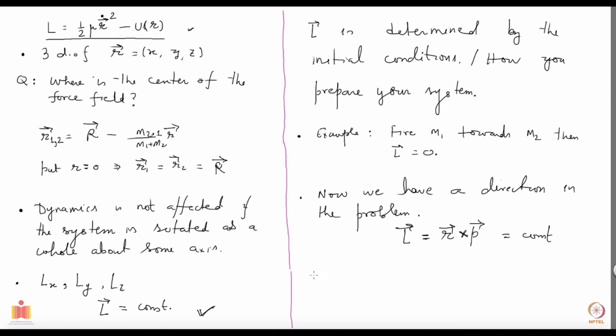First of all, you observe that because L is not going to change with time, its direction is not going to change with time, neither its magnitude. Both the things will be constant. So let me write down: direction of L constant, and magnitude of L is also constant.